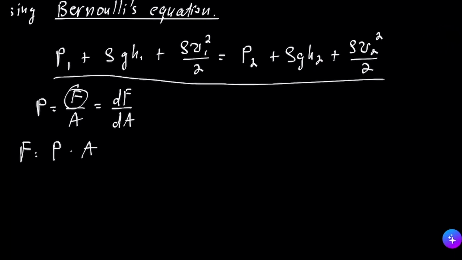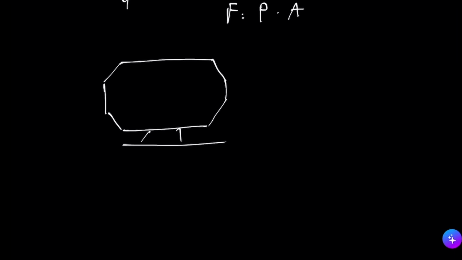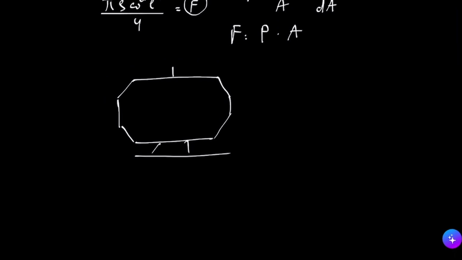How do we find P from Bernoulli's equation? Let's picture the problem. Let's draw the helicopter. Let's say this is the helicopter body. Got its little legs here. And the big fan is right here. It's turning with omega angular velocity.